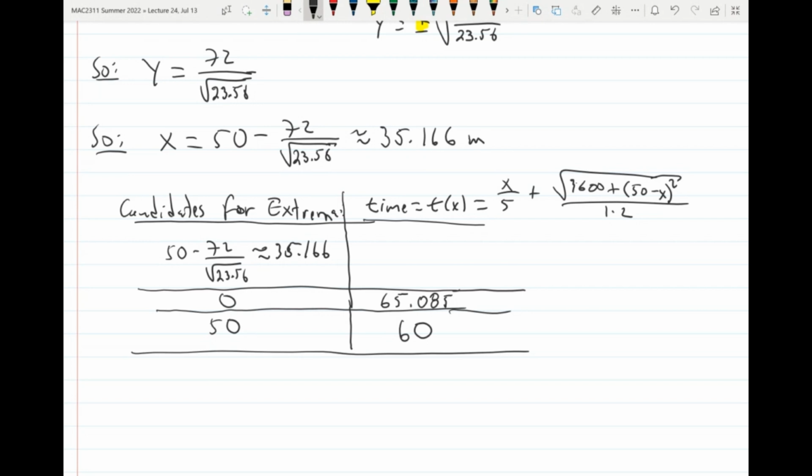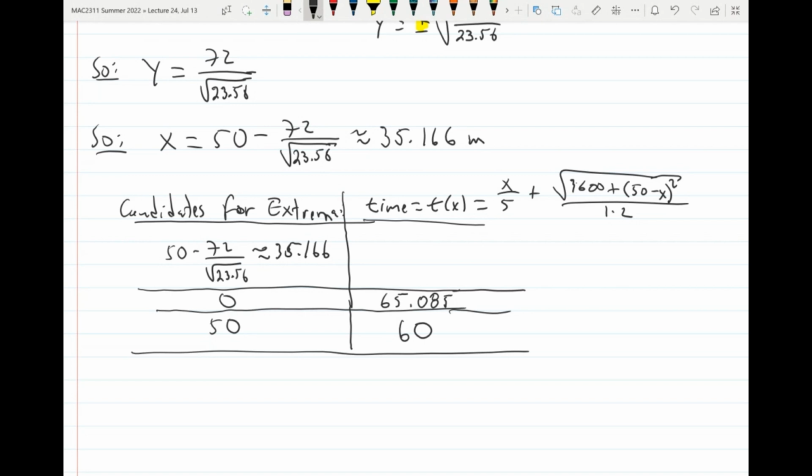Now, there is an in-between spot here, the 35.166. Okay, let's see what that one will give us. Let's plug in. So, okay, I have the exact number here. That was x. Okay, so I have to do 50 minus this.